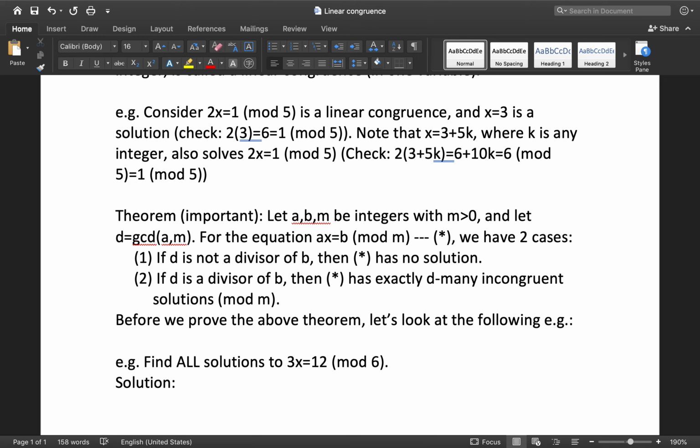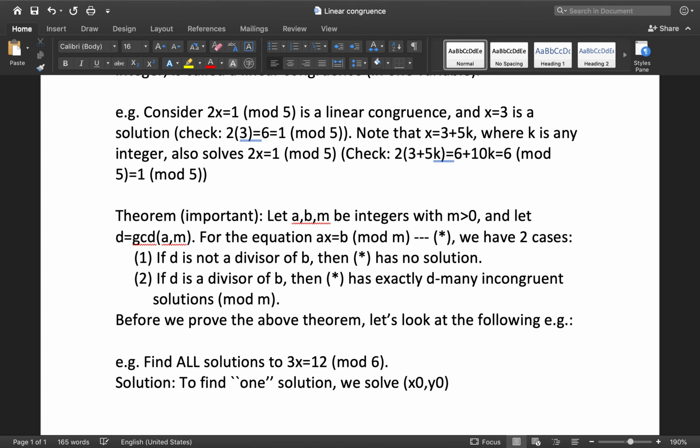Now here is the solution. To find one solution, you first find a particular solution. We solve another problem. As I said, it's quite related to the linear Diophantine equation, which is why we solve this linear Diophantine equation here.